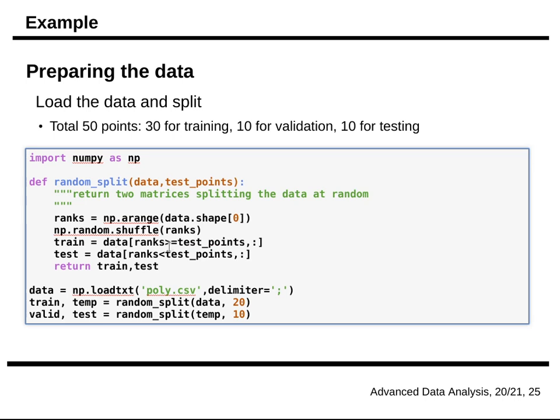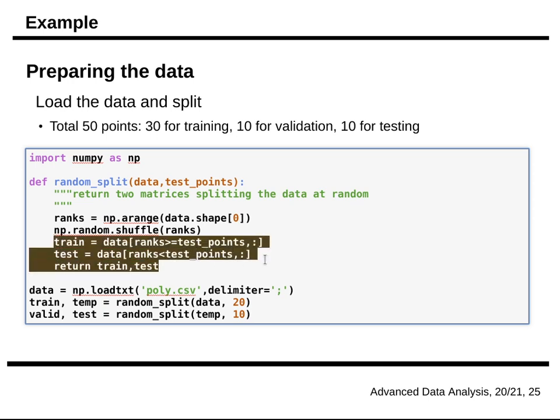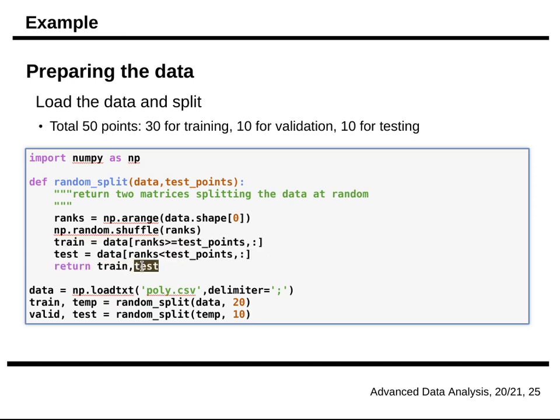So from 0 to 19 will be here on the test set. Since these values are all different and are all shuffled at random, we will get a random sample of the rows in our matrix. And then we return the two sub-matrices that we created, the train and the test one.